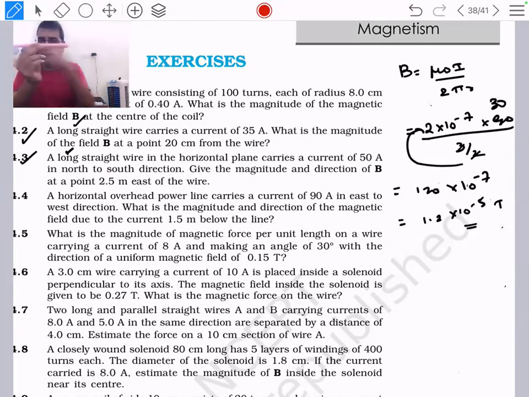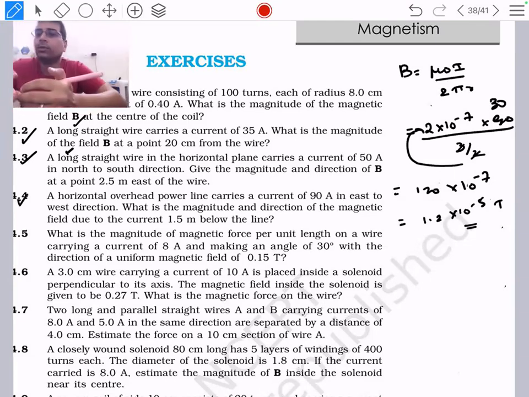This is east, west, current is flowing from right to left, and the point is 1.5 meter below the line. So current is in this direction, point is in the downward direction. I cross r, the direction of force will be towards us. So this is minus i cap, this is minus k cap. So minus i cap cross minus k cap is going to give you minus j cap. Minus j cap is something towards you. Clear?